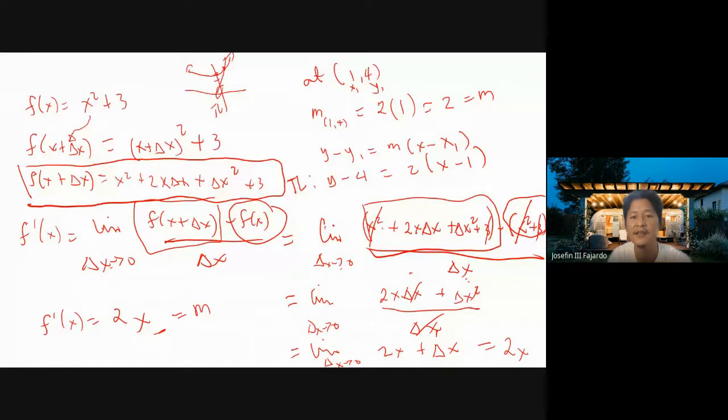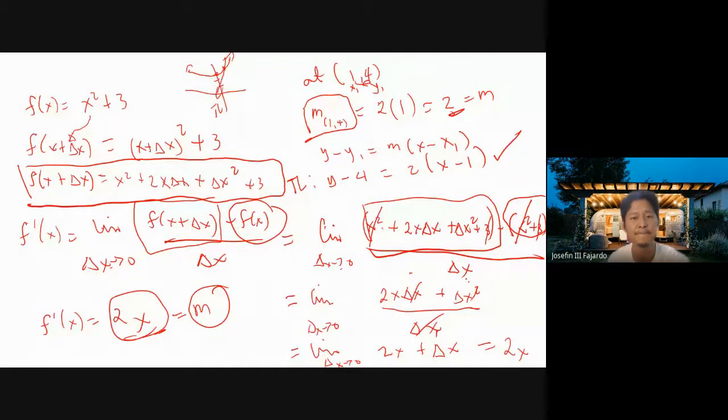So, using the derivative, we were able to identify the slope of the tangent line at this specific point. And then using this slope and this point, we were able to identify the equation of the tangent line.